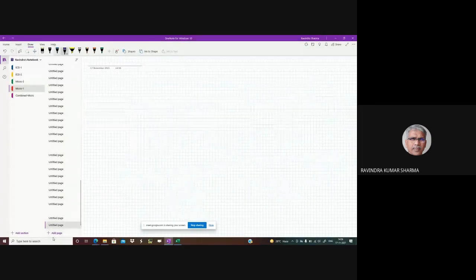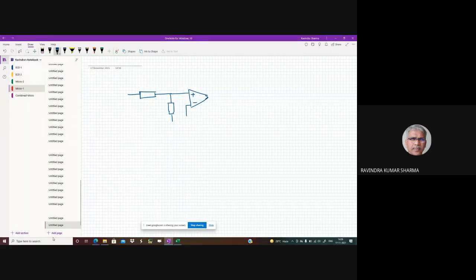Now let me show you other. Suppose I'm using, instead of R1 and R2, I'm using Z1 and Z2. इसी वीन ब्रिज ऑसिलेटर की बात कर रहा हूं अभी मैं.